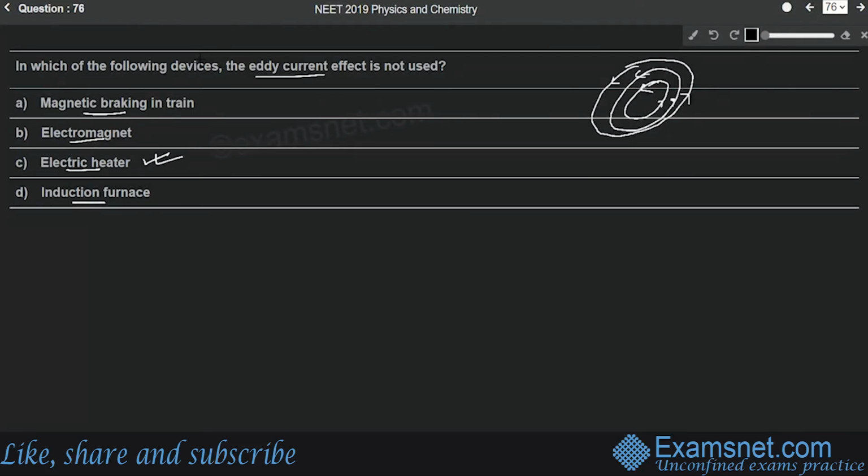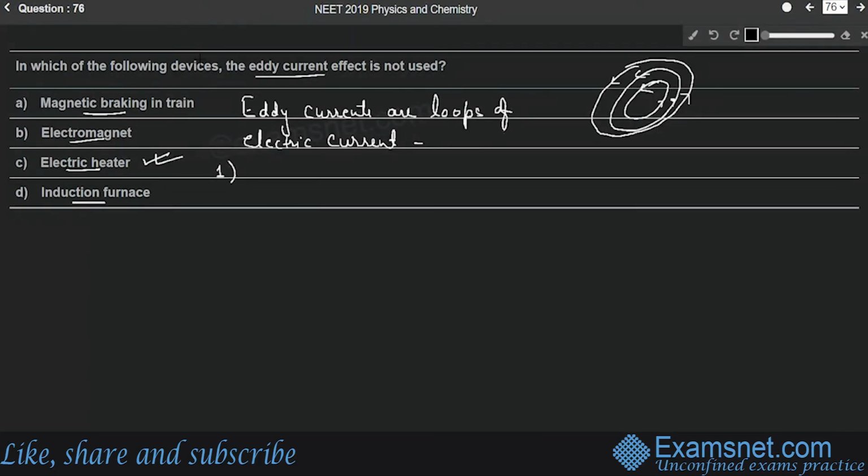So let's write it down here. Eddy currents are loops of electric current, and there are two situations when the eddy currents can be formed. The first situation is when there is a changing magnetic field.